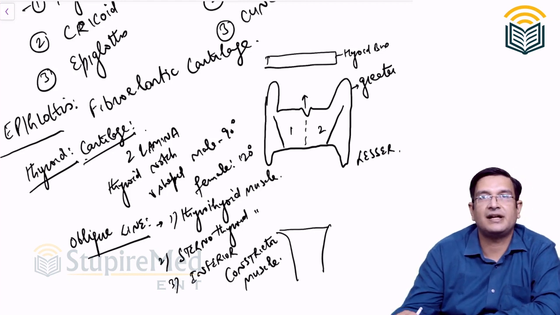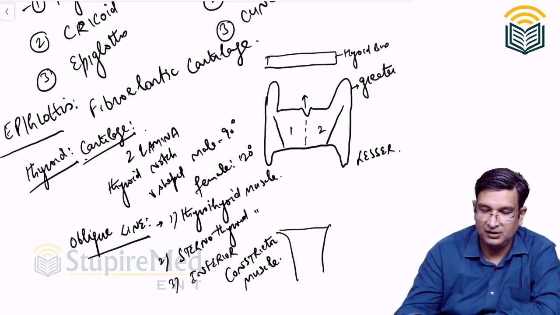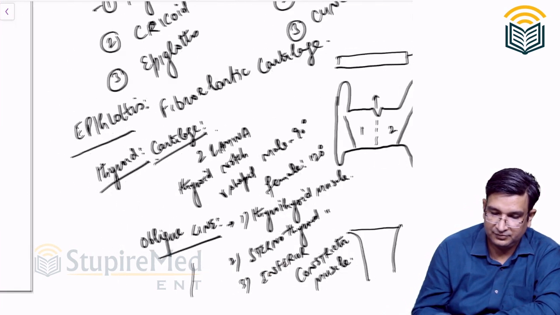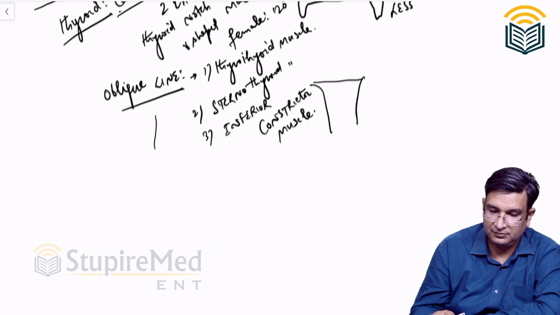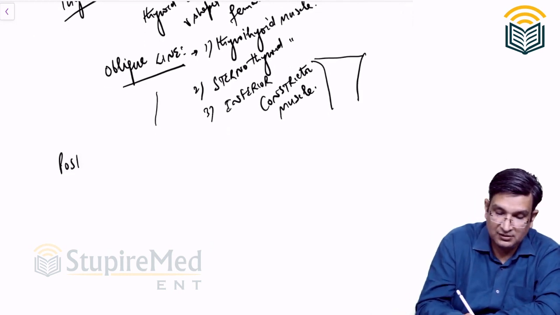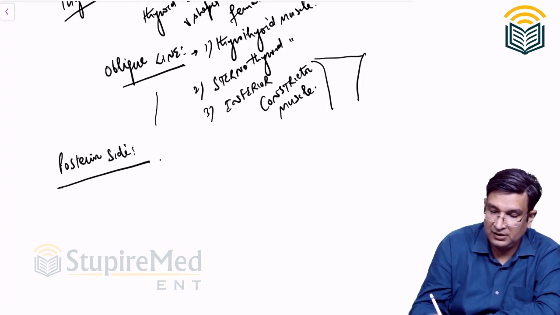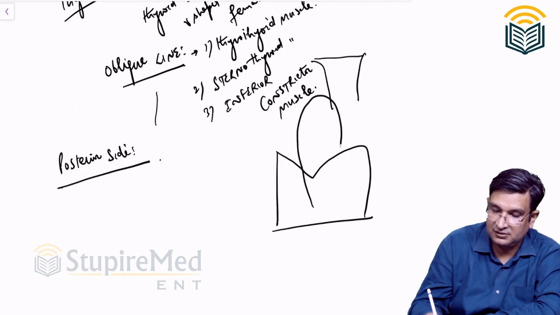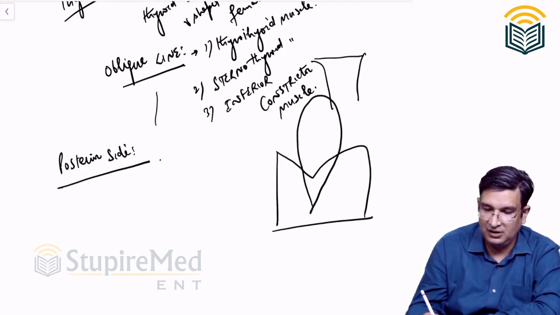So these are the three muscles attached to the thyroid cartilage on the oblique line. On the posterior side of the thyroid cartilage, the epiglottis is attached to the thyroid cartilage in the midline by the thyroepiglottic ligament. Already I've told you.